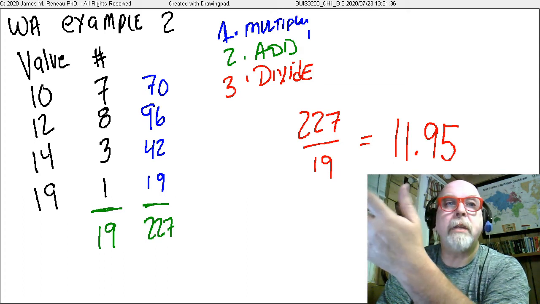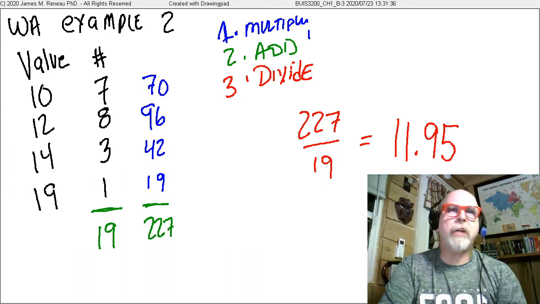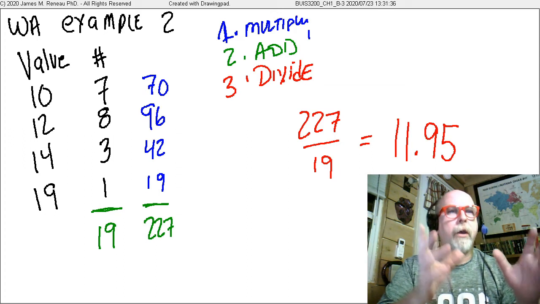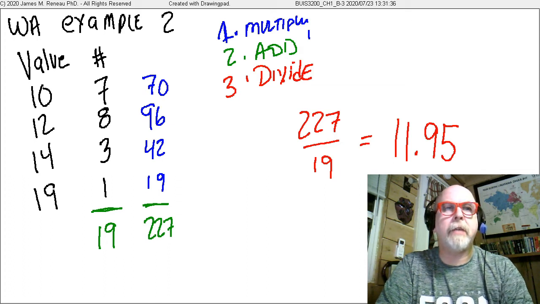And the mode and the median would give us 12. So the weighted average gives us a good average, especially for financial calculations when there are lots of percentages and chances of something happening.